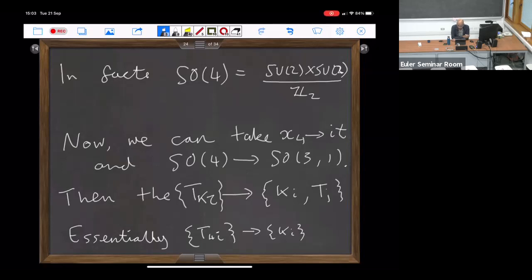You don't quite get that, you get an overall Z2, which is basically the same Z2 that distinguishes spinor representations of these two SU2 factors from vector type representations of SO4. So this Z2 is very much like the Z2 that we had when we were showing that SO3 is SU2 mod Z2.